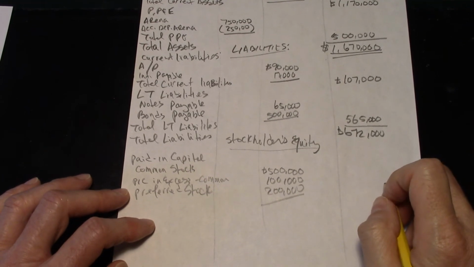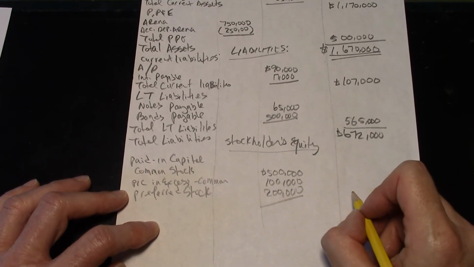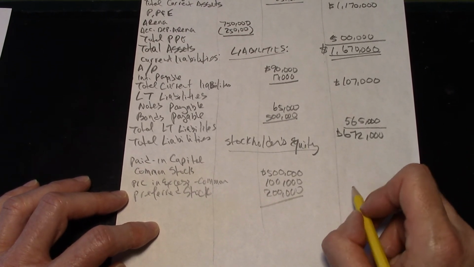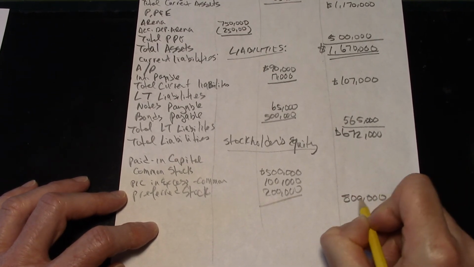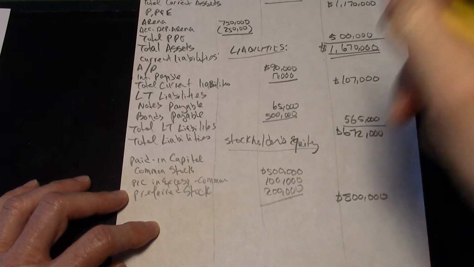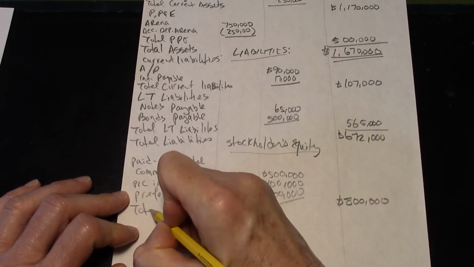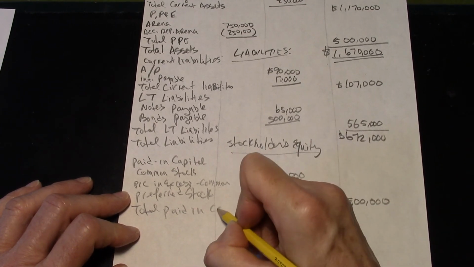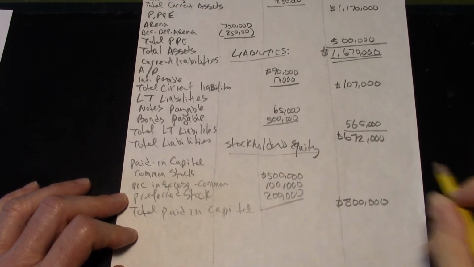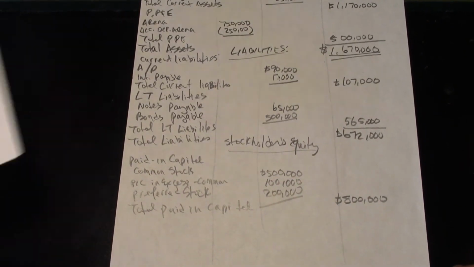So you add all those up and they're 800,000. That is what we would call total paid in capital.